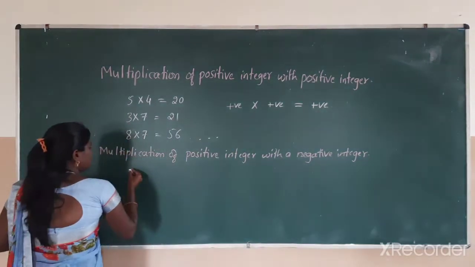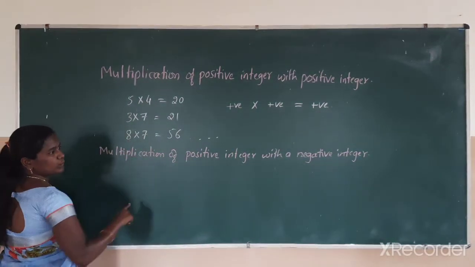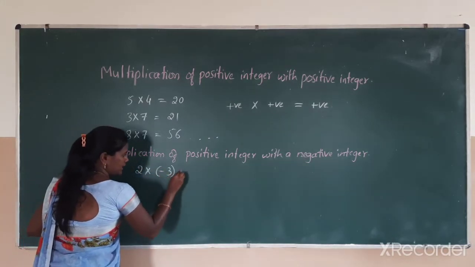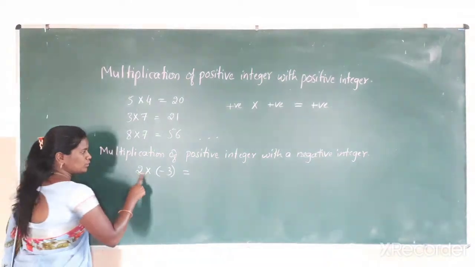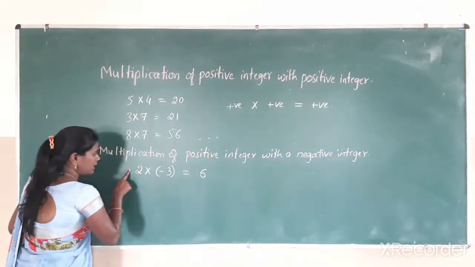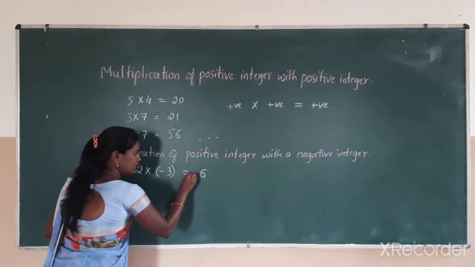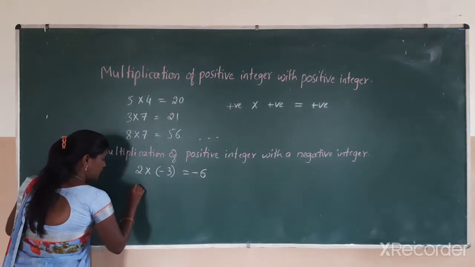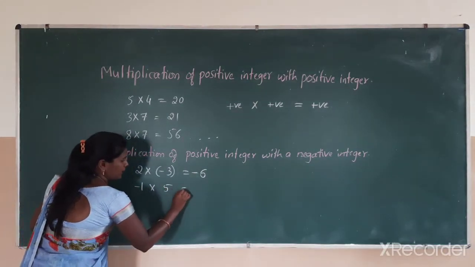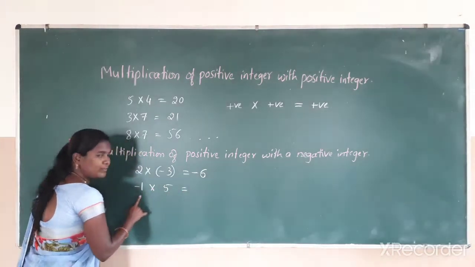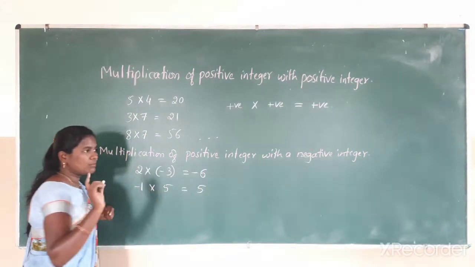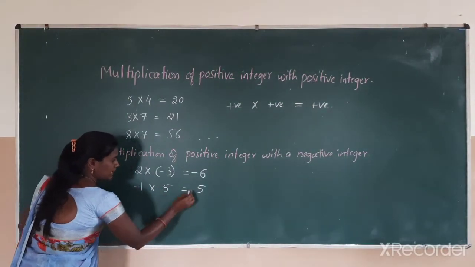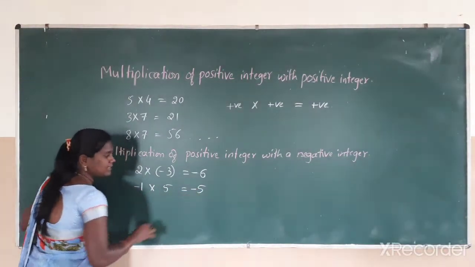Now I will take some examples, positive with negative. 2 into minus 3. 2 3s are 6, plus into minus is minus. If we change this, if it is minus 1 into 5, 5 1s are 5, we know the commutative property. 5 1s are 5, minus into plus is minus.